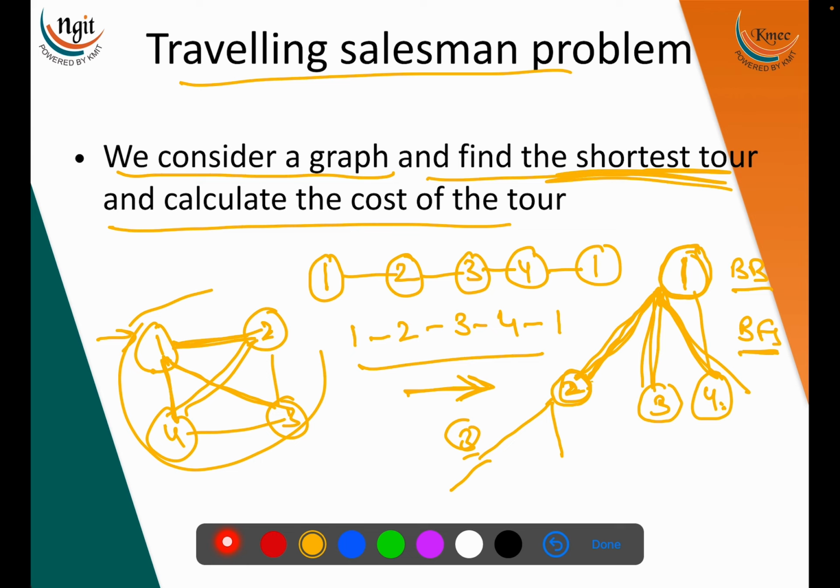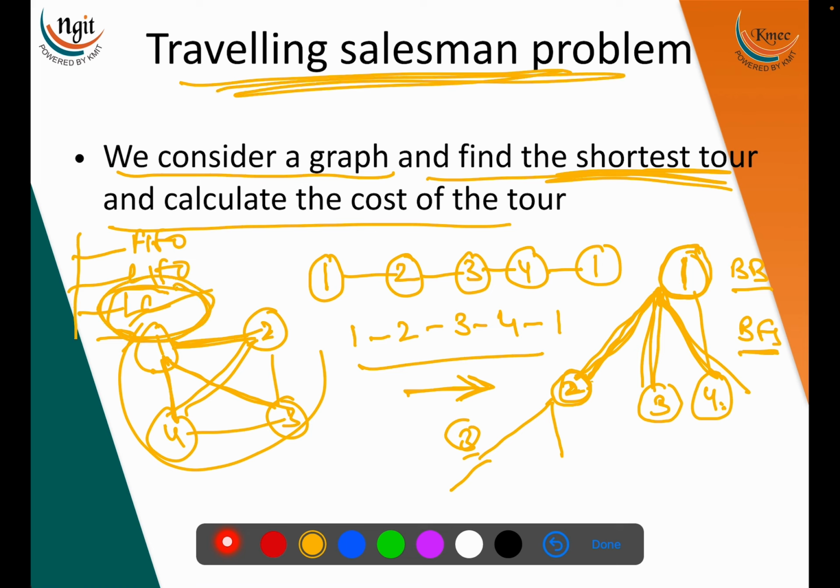We already came across branch and bound techniques. There are 3 strategies to implement the state space tree in branch and bound: the FIFO method, the LIFO method and the LC method. I'm going to use the LC method, the least cost method, to solve this problem.